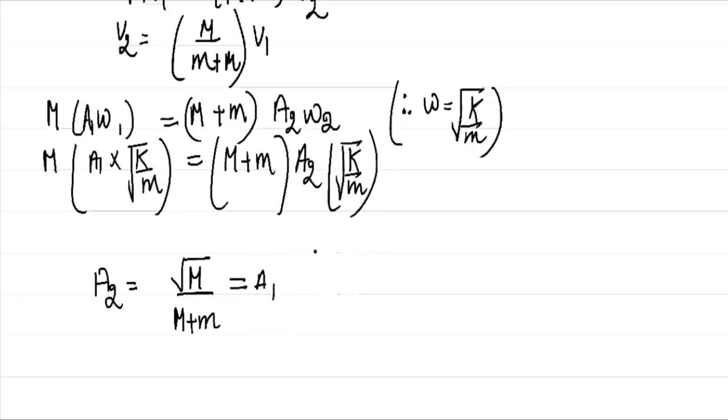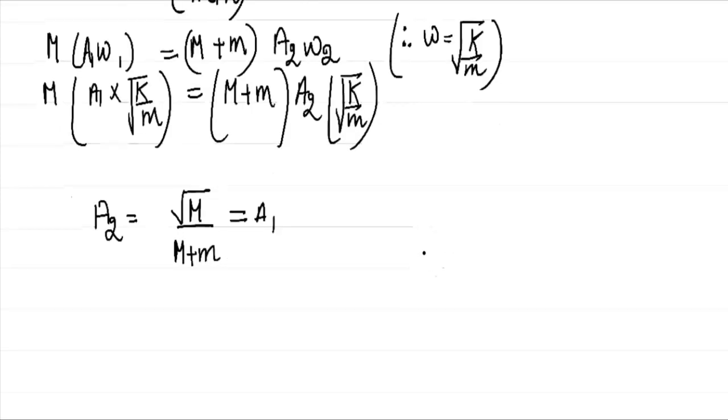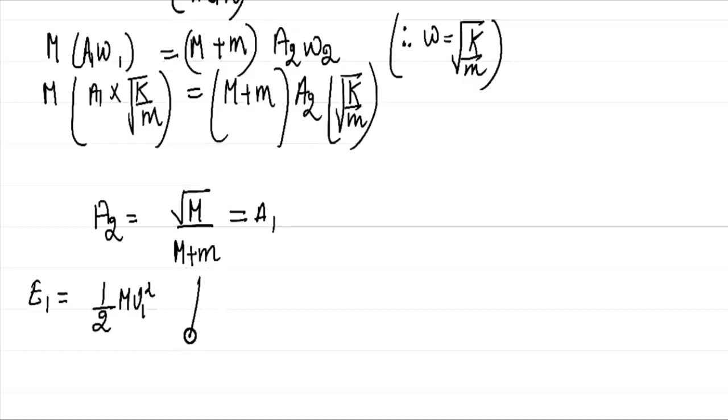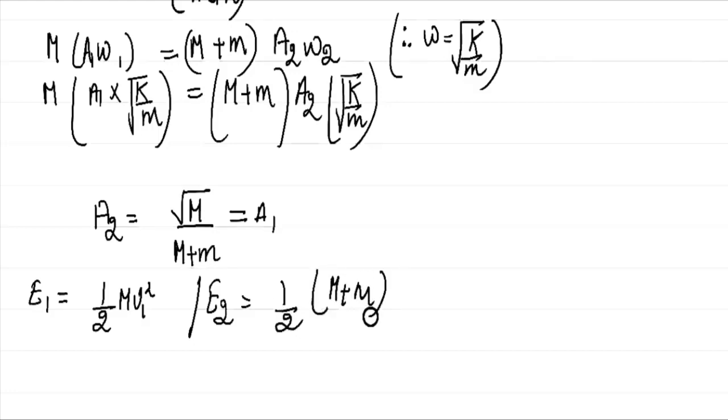Okay, so now we use the energy, which is kinetic energy, that is half M v1 square, and conservation of energy here. So E1 is equal to half M v1 square, and E2 is the energy of the second block, half (M plus m) v2 square.